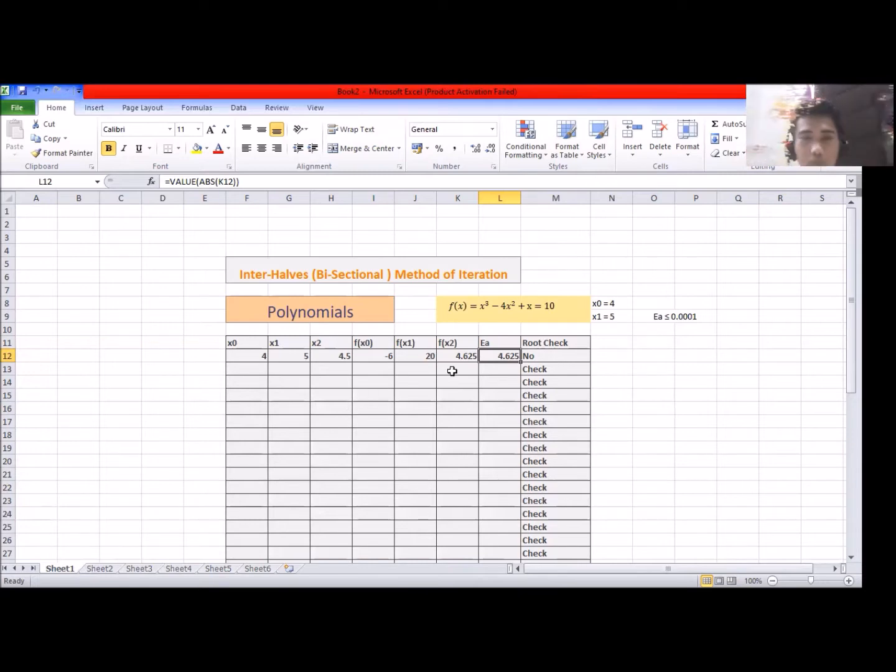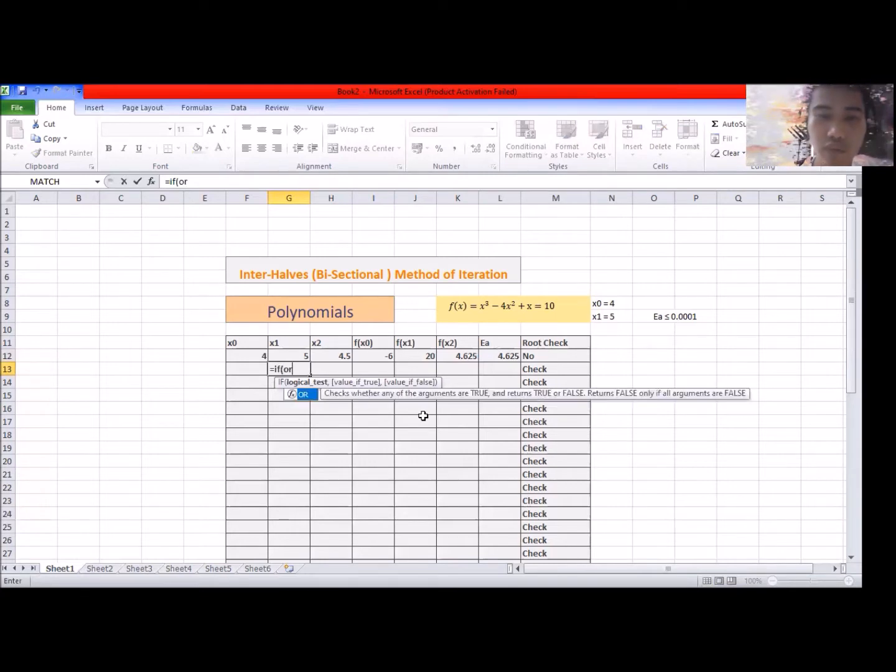In analyzing, if the function of x2 is on the positive side, we will copy the x2 into x1. For example, we type the logical test: if it's greater than 0 and it's true, then we copy x2.